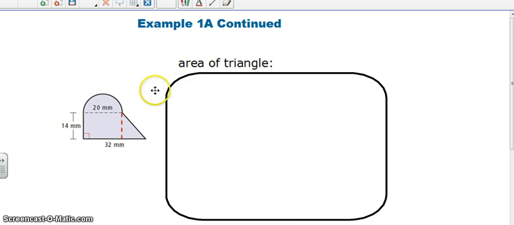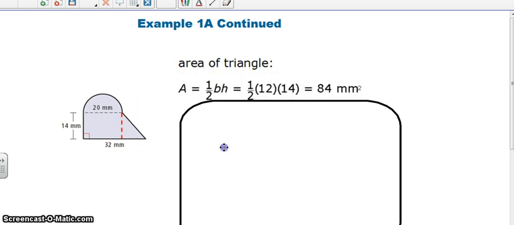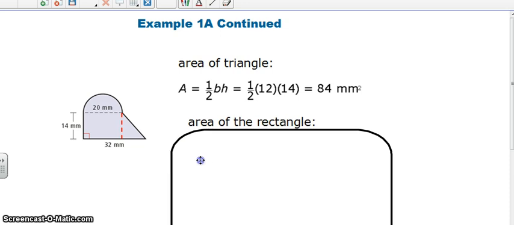So it looks like they're finding the area of a triangle. Interesting. And so they have found the base of the triangle, given 20, 32, take away 20, gives you a base of 12 and a height of 14, so half of that is 84. Then they're finding the area of the rectangle, so they were doing it a little different than I had proposed, right?